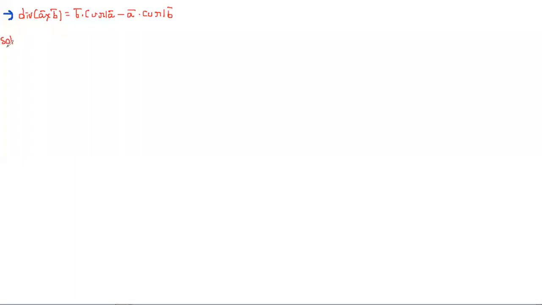So divergence of A bar cross B bar is equal to B bar dot curl A bar minus A bar dot curl B bar. Okay, so we need to prove this one.